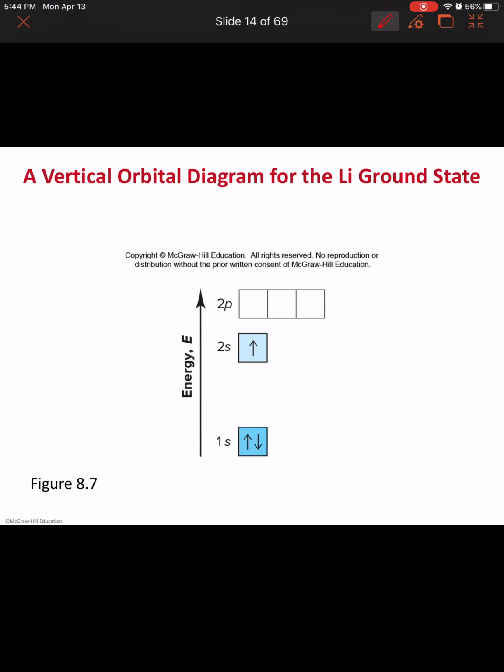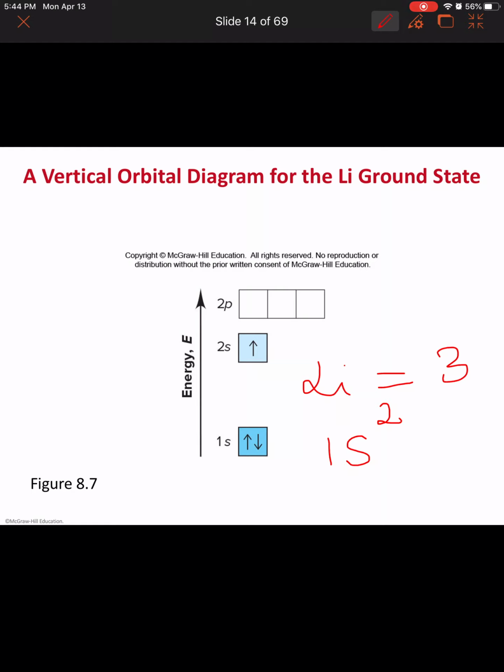Okay. So lithium, atomic number 3. The 1s is the very first orbital that we come across, and you can put 2 electrons there. So if you write the electron configuration for lithium, you're going to write it as 1s². 1 being the principal quantum number, s being the sublevel, and there are 2 electrons in the s orbital, 1s².